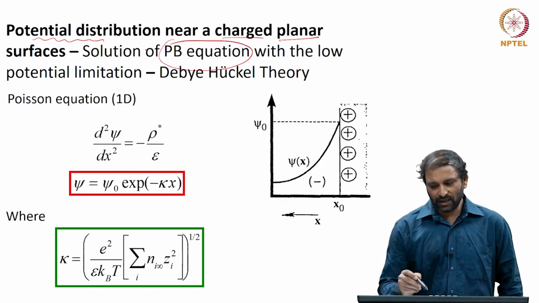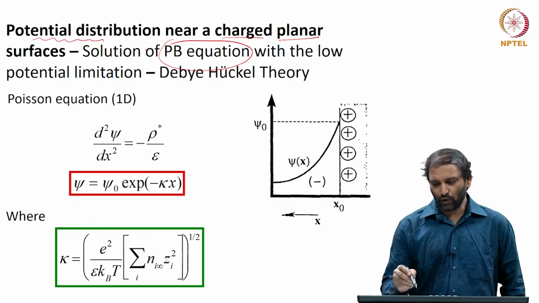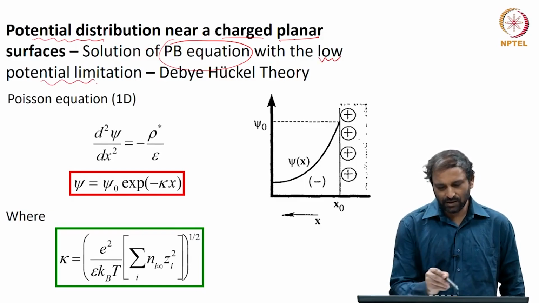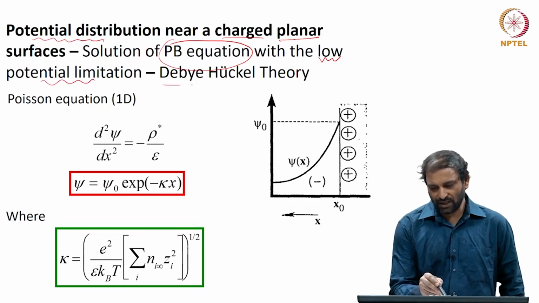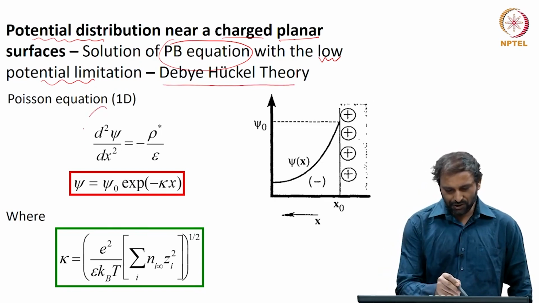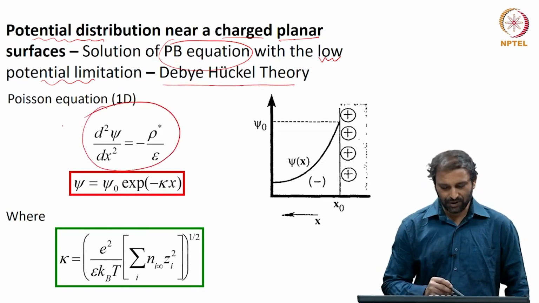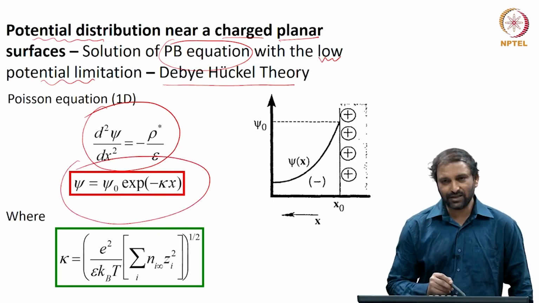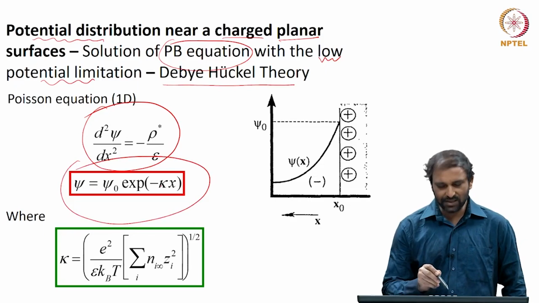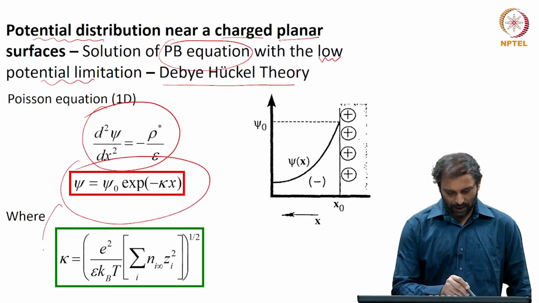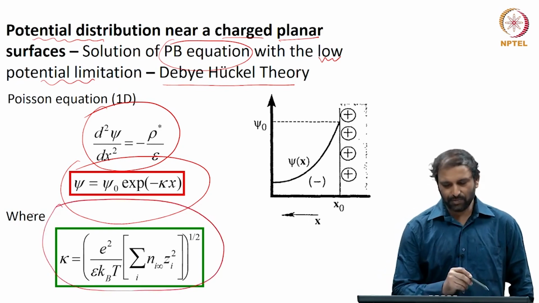However, with a limitation that we are only considering the low potential case, which is what is called the Debye-Huckel theory, in which we started off with the one dimensional Poisson-Boltzmann equation, and then we showed that psi essentially goes as psi naught exponent minus kappa x, where kappa is given by this particular expression.